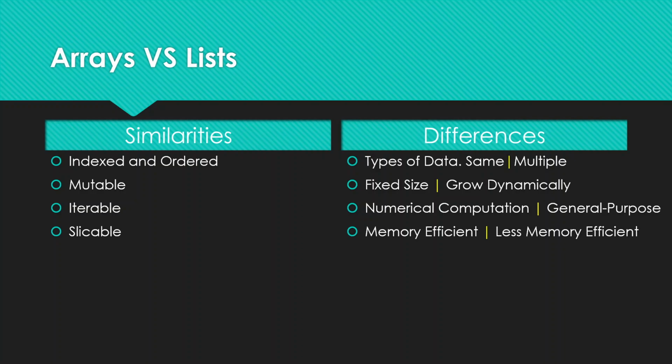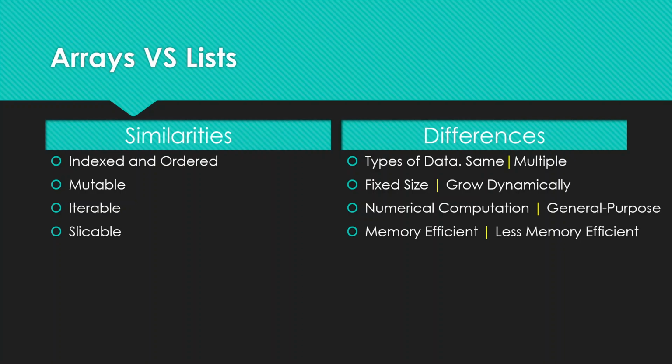Okay, so also memory efficiency, we know that different data types occupy different space size in memory. For example, an int, let's say 2 bytes, a long int, 4 bytes, etc. So when you're declaring a list, because it can store data of multiple types, it will definitely have a bigger space that might not be used.